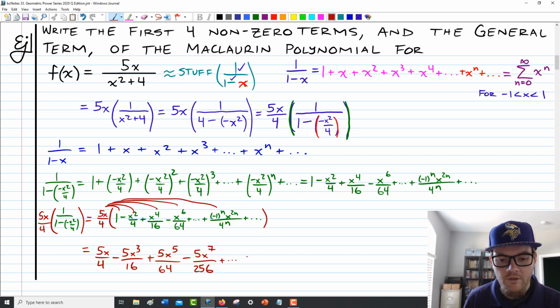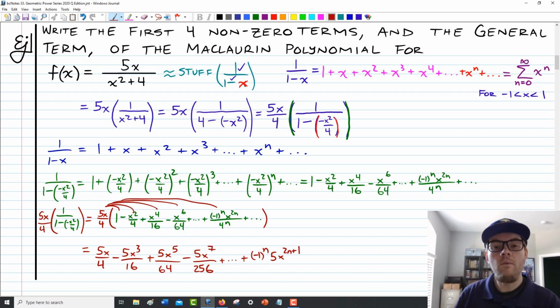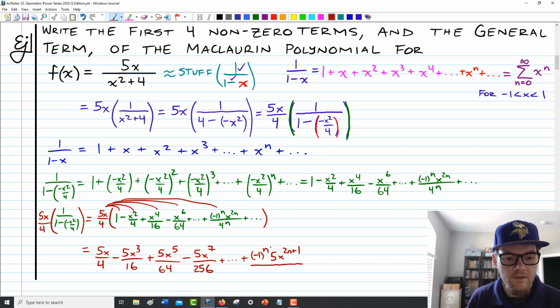And then finally for the last term we'll have plus negative 1 to the n times 5x to the 2n plus 1, because we had x to the 2n and multiplied it times x to the 1. And this whole thing is divided by 4 to the n plus 1. And that is going to be the power series that we were looking for.